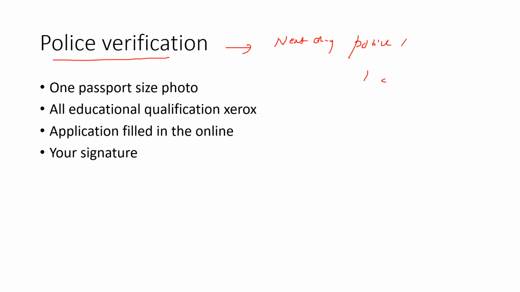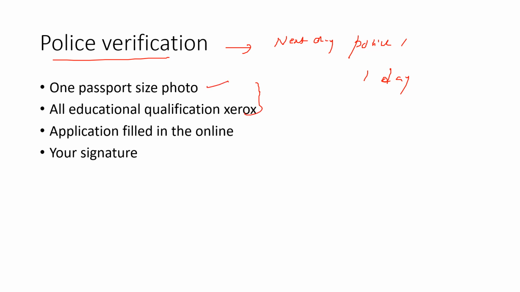Either the police will come to your home or he will call you to the nearest police station you opted for in the application form. You have to reach that police station, or he will come to your home. This depends on the police station. This may not happen exactly, but this is my experience.